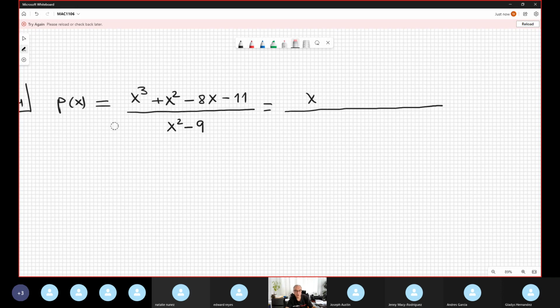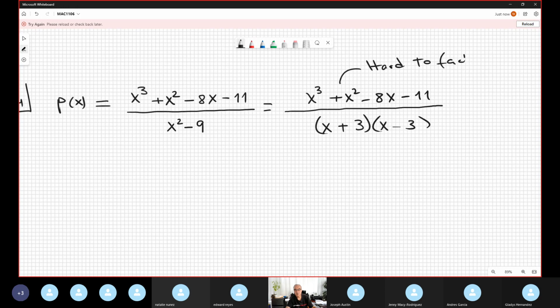However, the bottom is different, it's a difference of squares, x minus 3, x plus 3, plus or minus. Okay. It's a hard one to factor. Okay, don't worry too much about this.